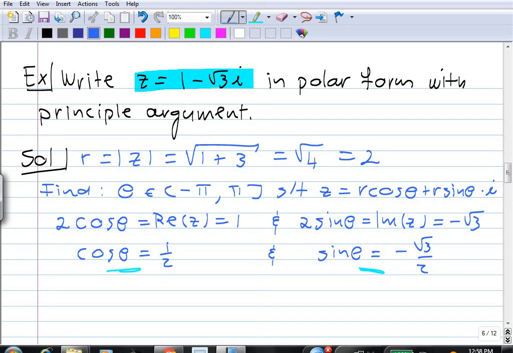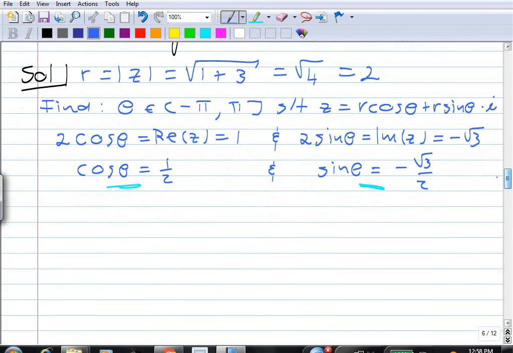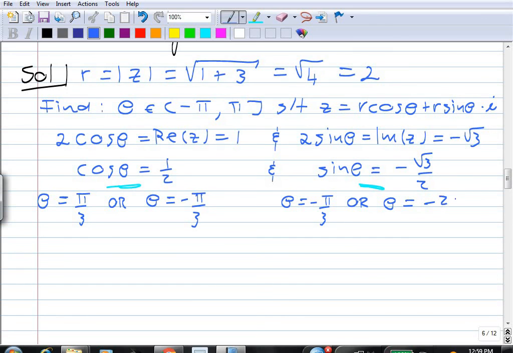Now if we look at cos theta is a half, then either theta is pi over 3 or theta is minus pi over 3. If we look at sine theta is minus root 3 over 2, then either theta is minus pi over 3 or theta is minus 2 pi over 3.